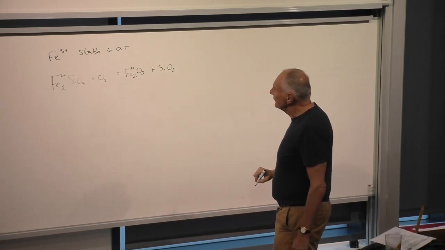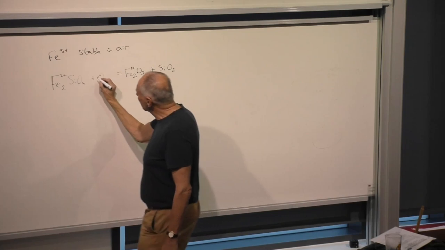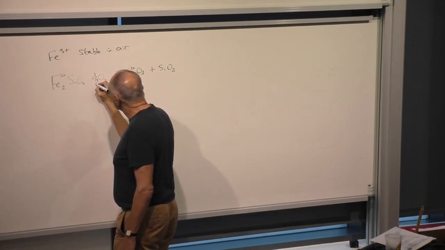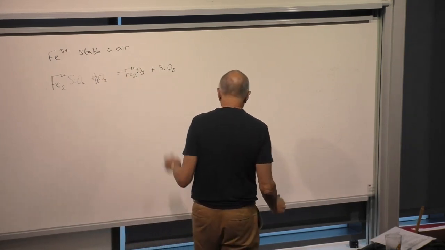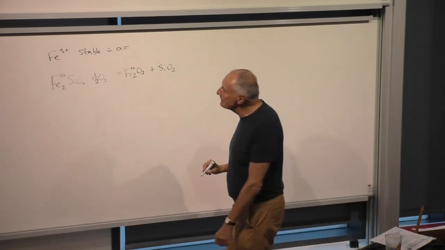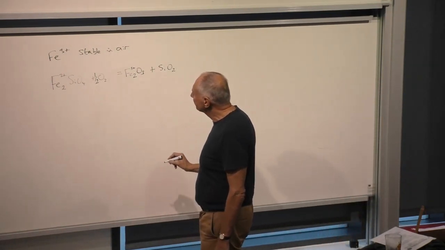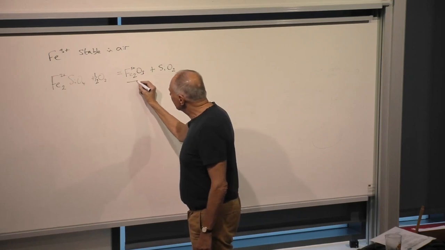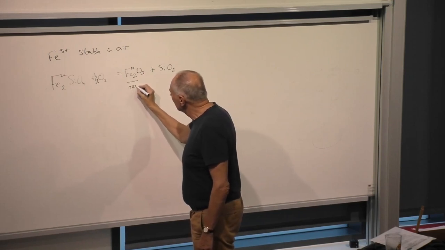So let's see, that's 4, 5, so that would be half an O2. So that's a way of writing down the oxidation of olivine, or the iron component of olivine, at the surface. This mineral is called hematite.